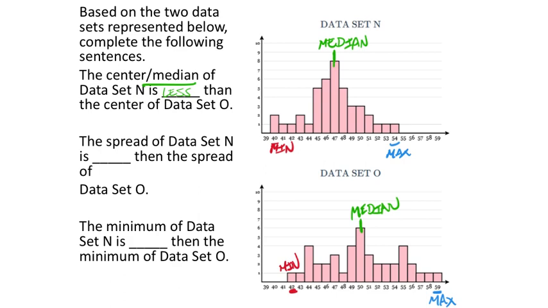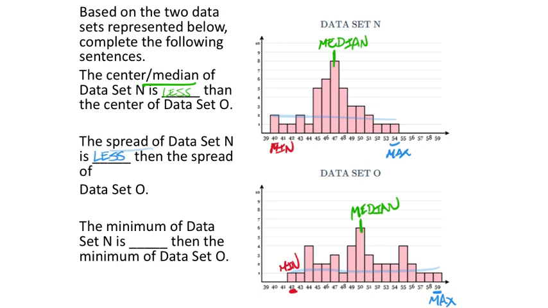The subtraction, it's not that hard, but you don't necessarily have to do it. What I notice is that the width of the data, just a straight linear width across left and right, set O's is a little bit wider than the spread of set N. So right here it says the spread of data set N, it's thinner or more narrow, which means that its spread is going to be less than the spread of data set O.